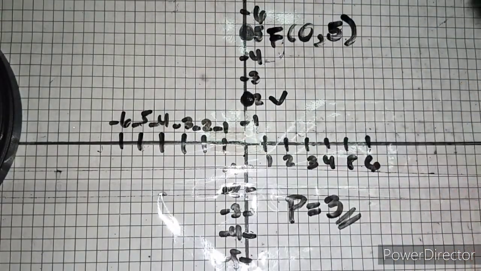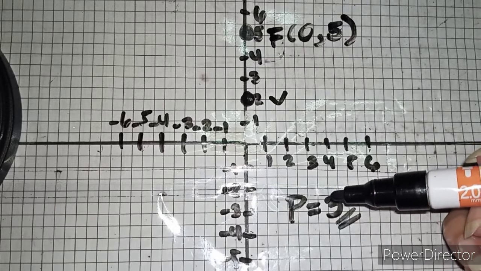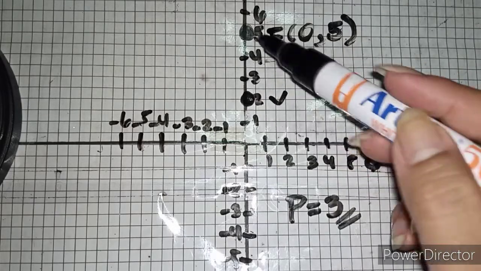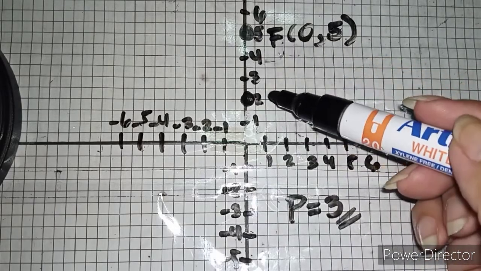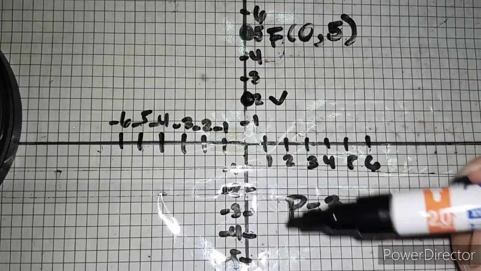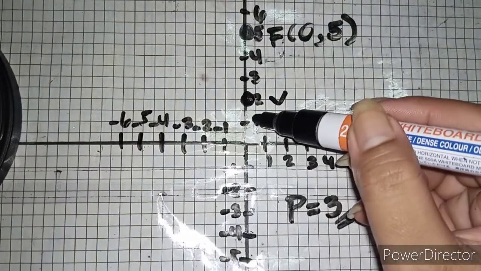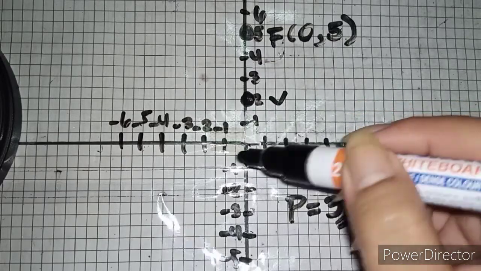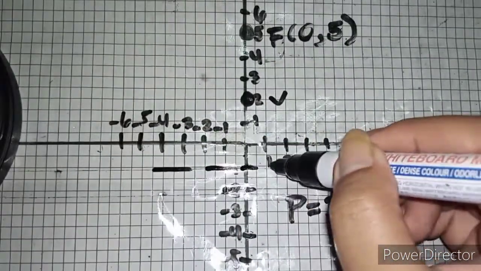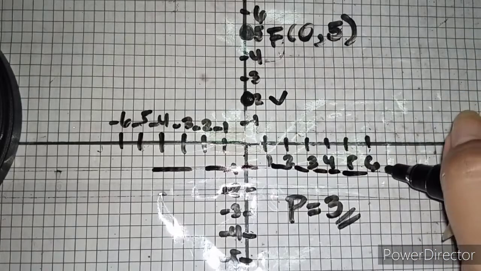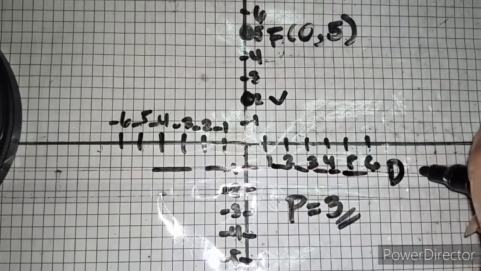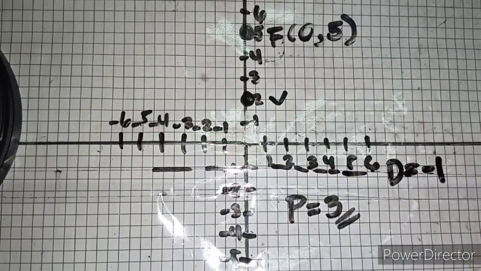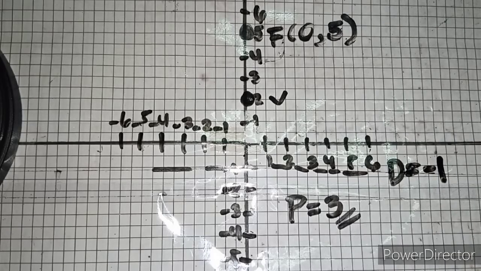Next, let's find the directrix. The distance from vertex to focus is the same as from vertex going to the directrix. So, we count 1, 2, 3. It is here at negative 1. So, our directrix is at y equals negative 1. Next, we now have 3 points.